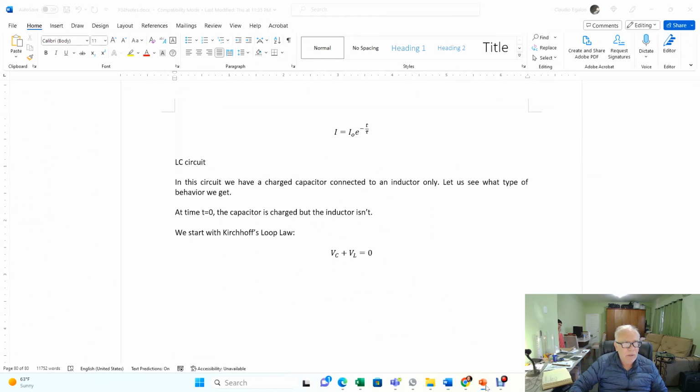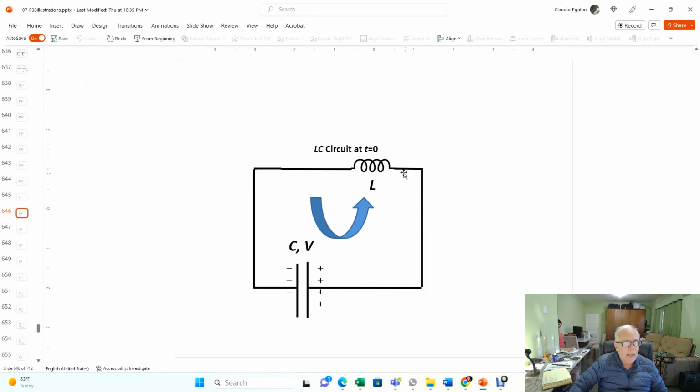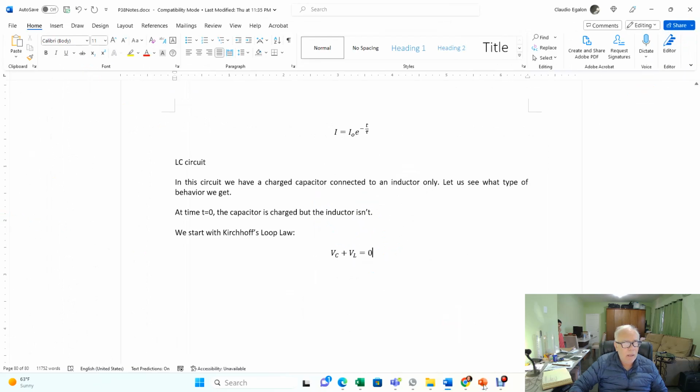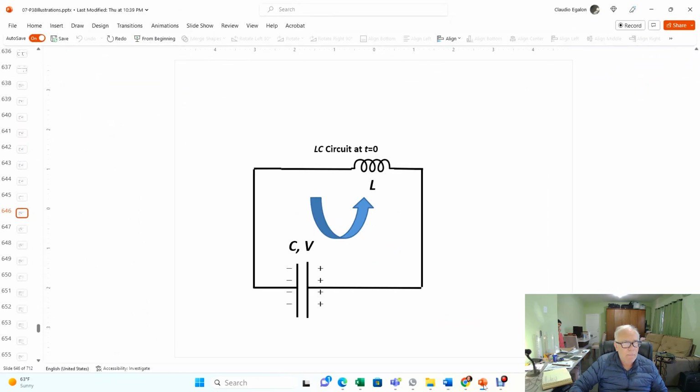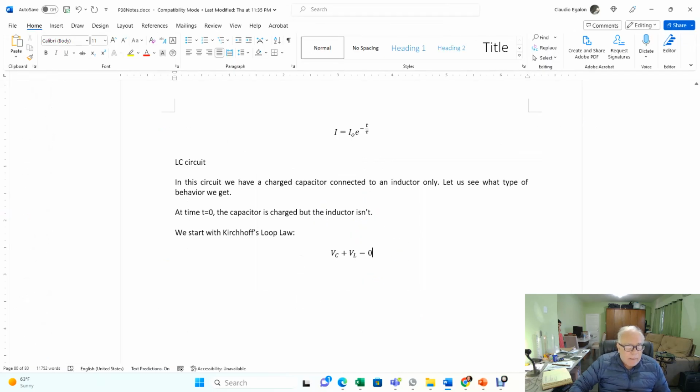Okay, we have VC. And then crossing the inductor, we have VL. And let's not forget that the definition of capacitance is Q over V, like that. And we replace the V sub C, becomes what?